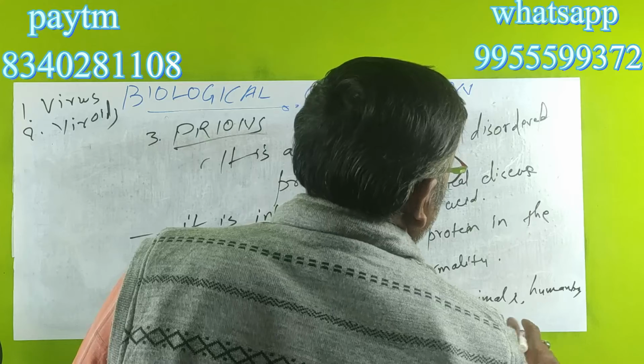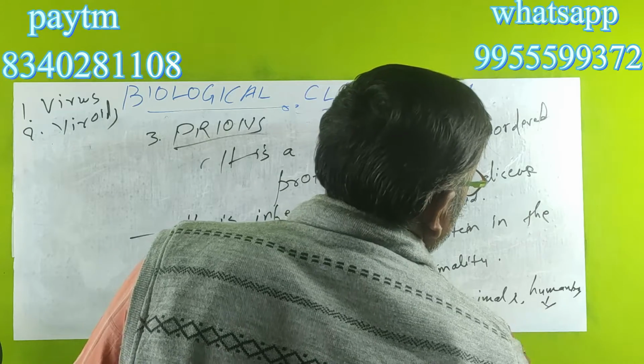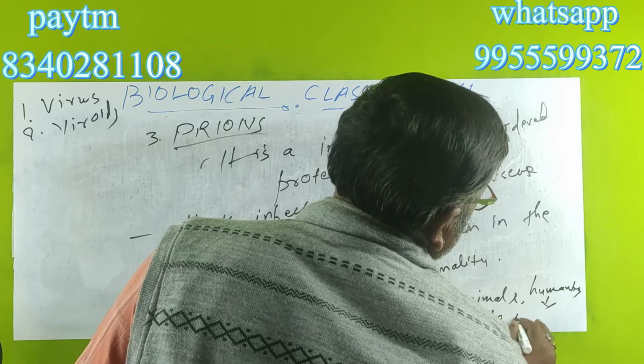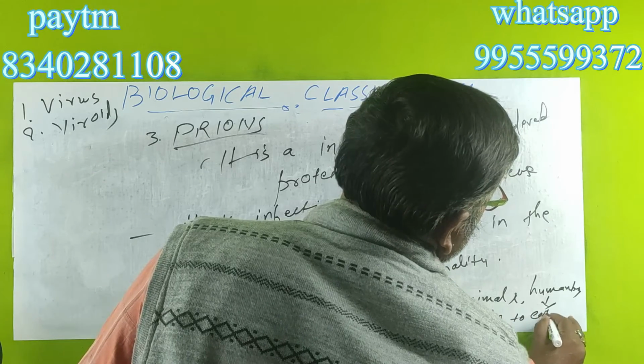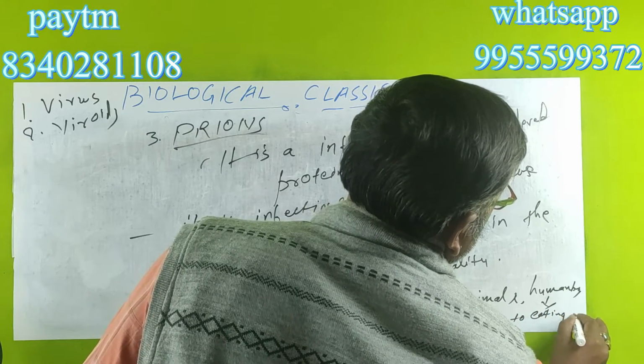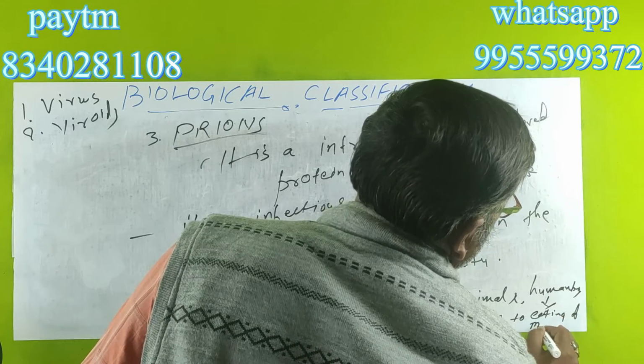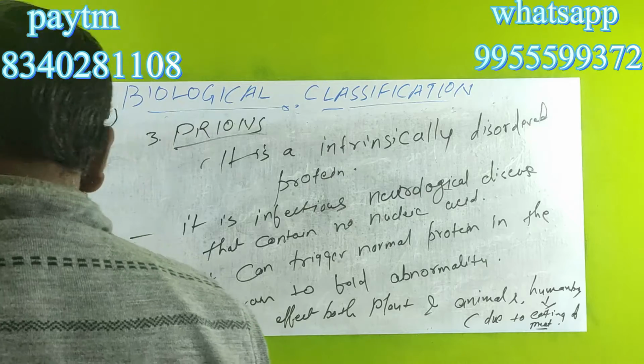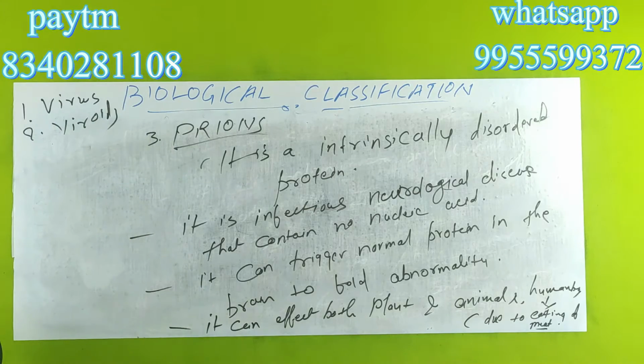In humans, what does it do? It affects due to eating of meat. How does it affect the human? It affects by eating of meats. It affects our nervous system.